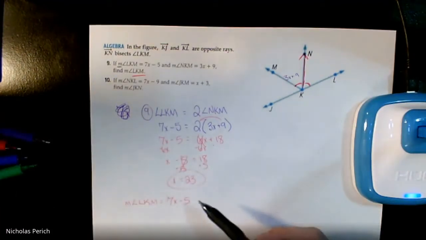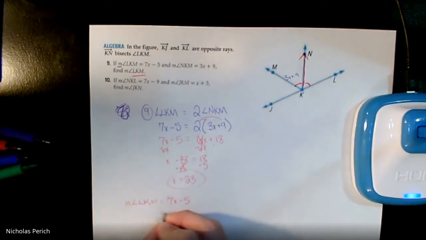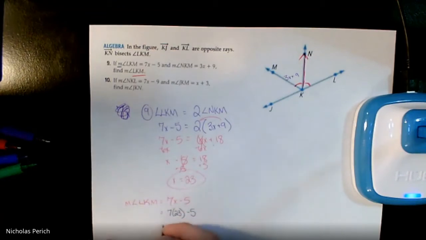I just found out that x is 23. So I'm going to say 7 times 23 minus 5. I believe that ended up being 161. I remember like 8 of you shouting at me in the chat. And 161 minus 5 is 156 degrees.